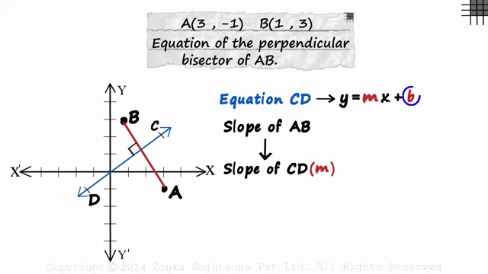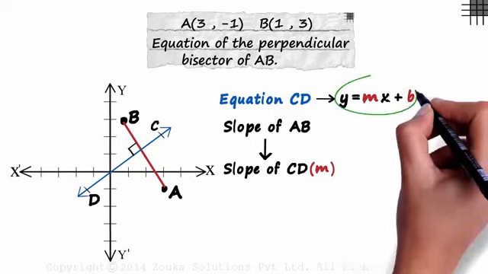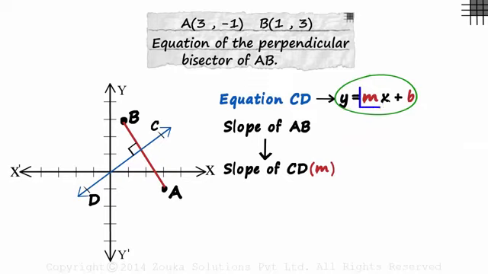So we will have m. Now how do we find b, which is the y-intercept? Look at the slope-intercept form. If we have m, then we just need the coordinates of one point on CD to find b. Because then we can substitute the coordinates in place of x and y and get b. The only point at which we can find the coordinates is this one, the intersection of AB and CD, because it is also a midpoint of AB.